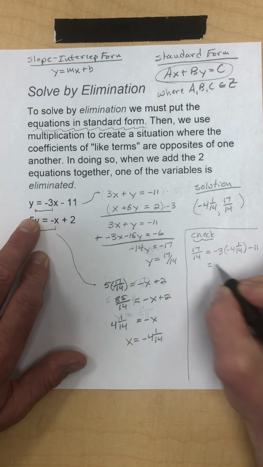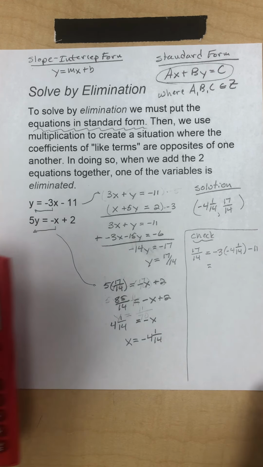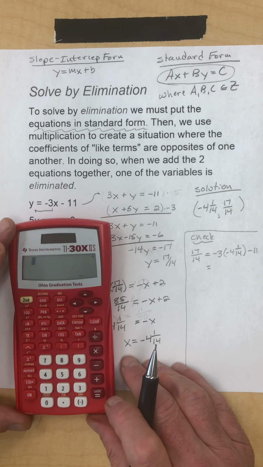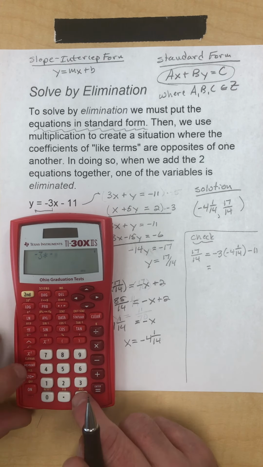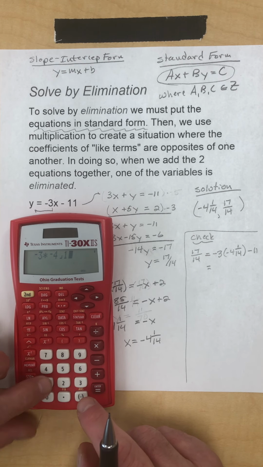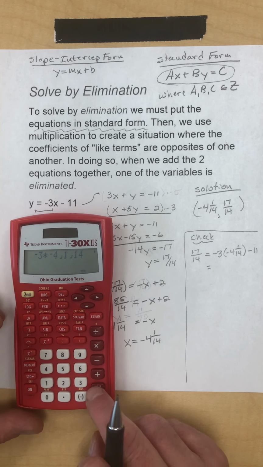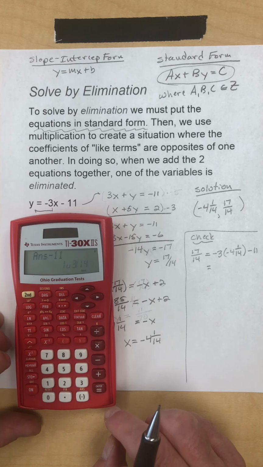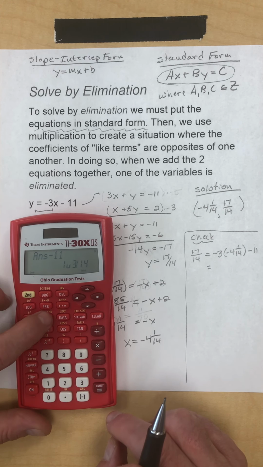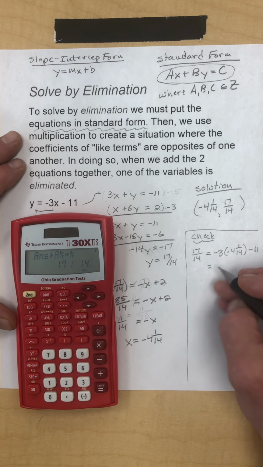Let's see what happens here. If I compute that right-hand side, do I get 17/14? So we get negative 3 times negative 4 and 1/14, and then subtract 11. And I get 1 3/14, which is the same as 17/14.